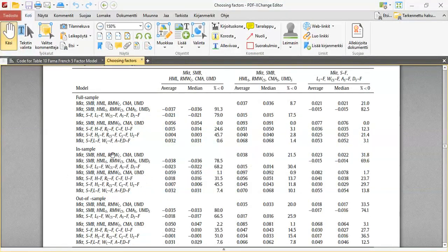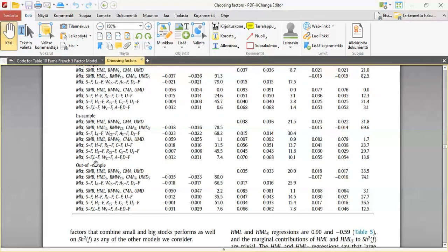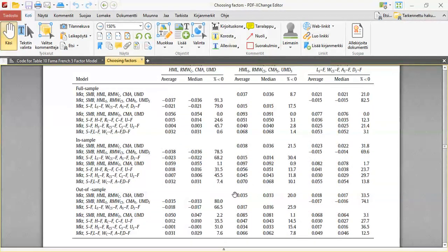If we move down here, we can do the same thing for the in-sample simulations. And here in the lower part of the table, you see basically the corresponding figures for what happens in the out-of-sample simulations. Yeah, and the numbers are slightly worse, but they basically confirm what we learn from the full sample simulation.